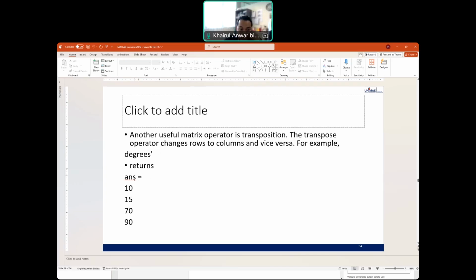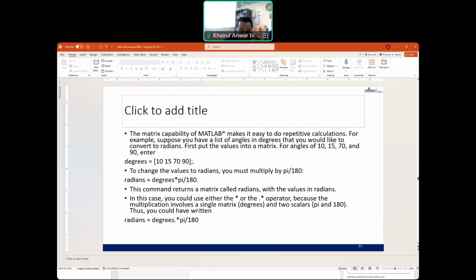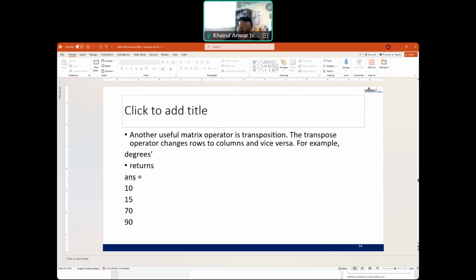So you see that the case now is transposed to a vertical order because the actual degrees is a row. You see, now it's transposed to a column.